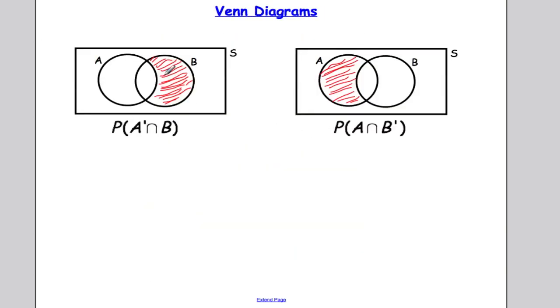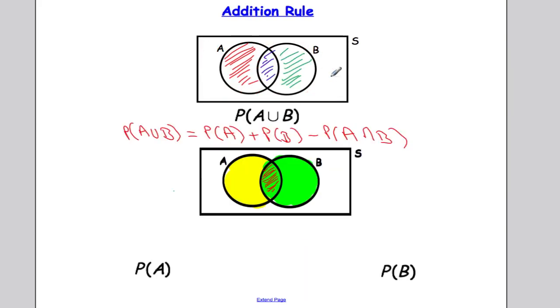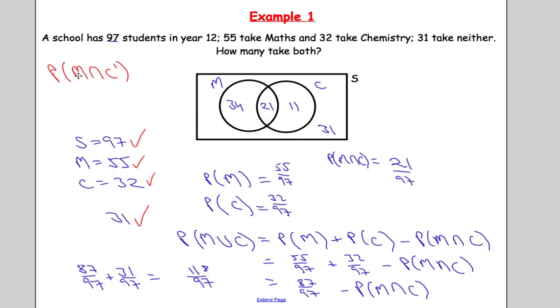A naught intersection B, A intersection B naught is this region here. So M intersection C naught is going to be this region here. So the probability of a student that takes maths but doesn't take chemistry is going to be 34 out of 97.